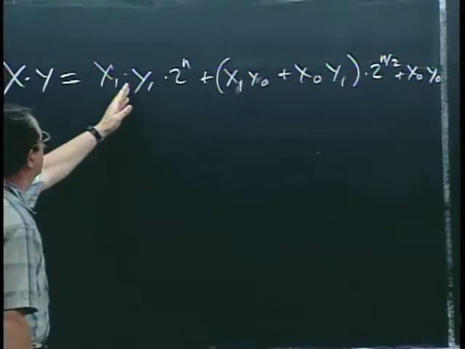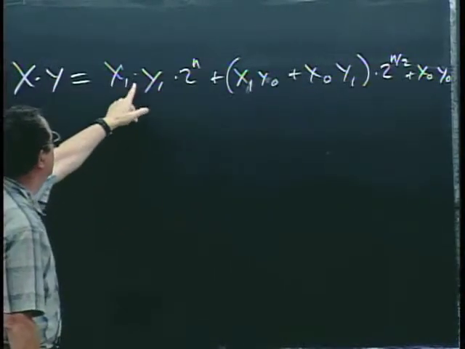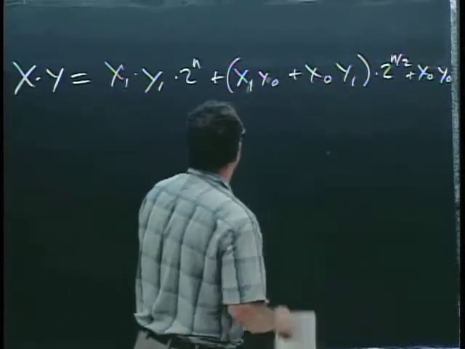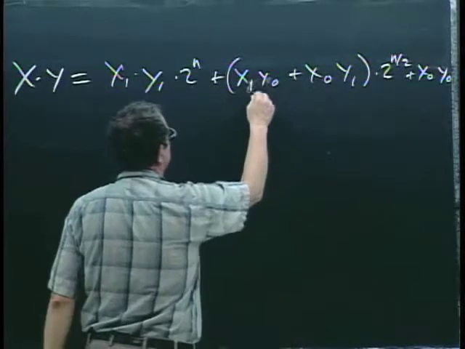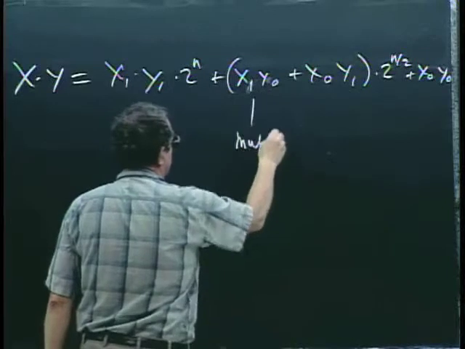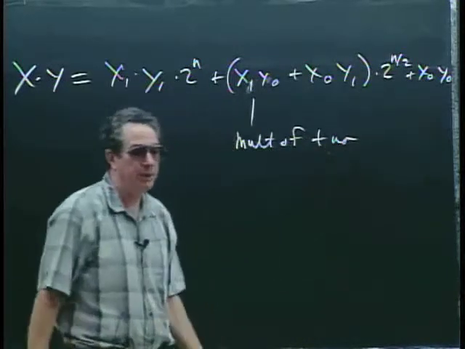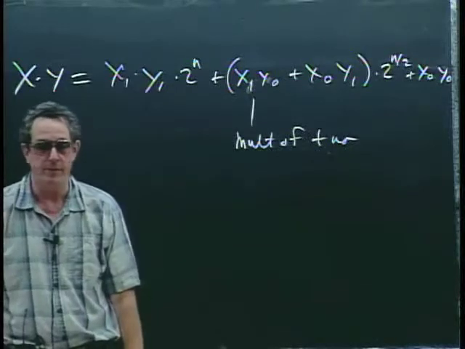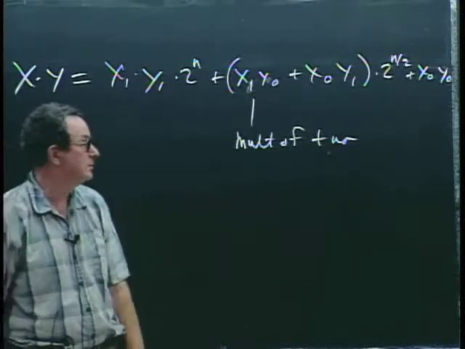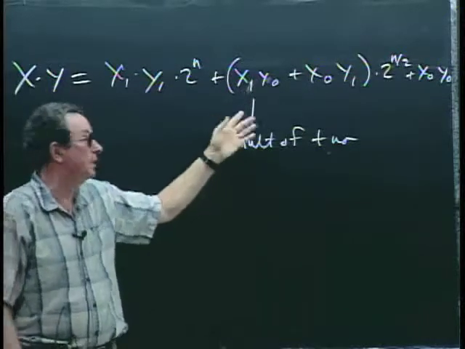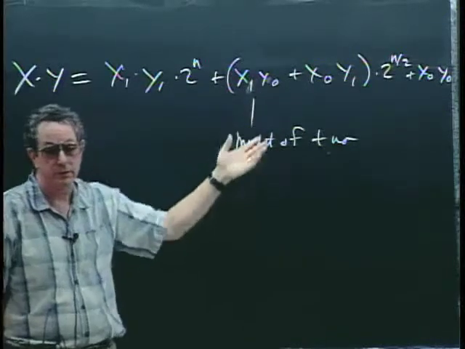this looks like some multiplications. This is a multiplication of two numbers, but how many bits are they? How many bits is x1? It's n over 2 bits, and y0 is also n over 2 bits.